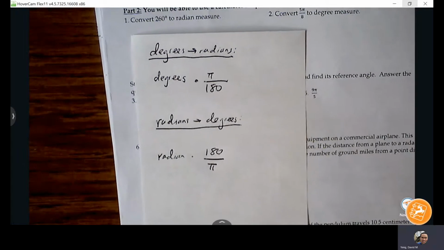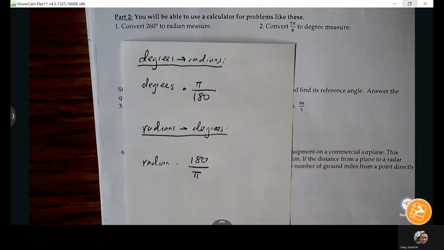Okay, try number 1 and 2. This one is with calculator, right? Right. So this is part 2.